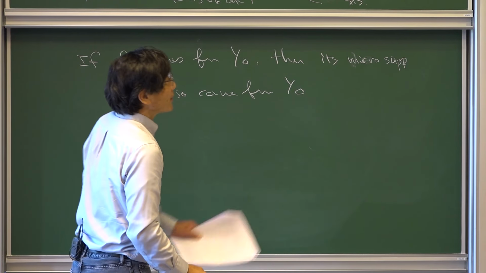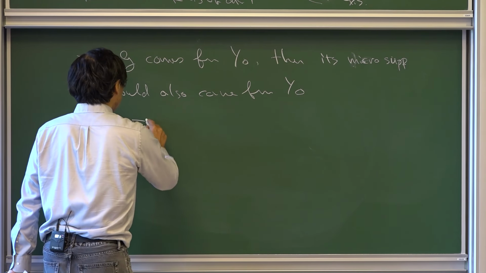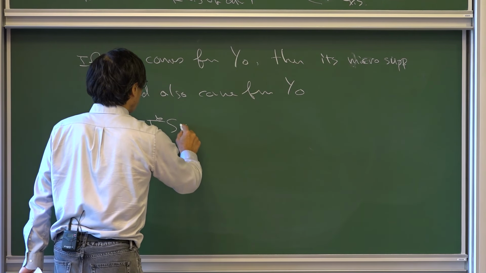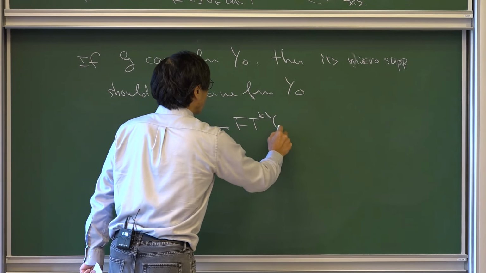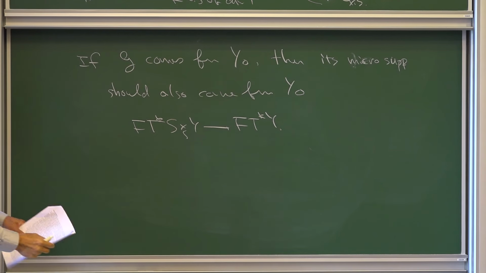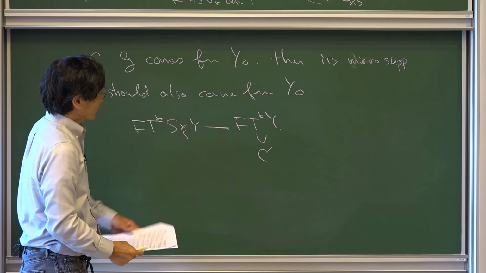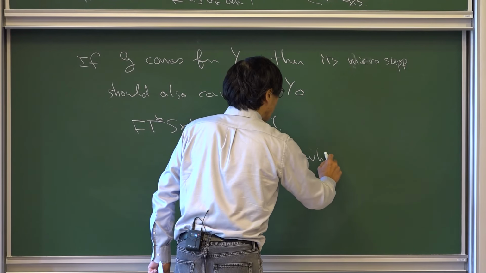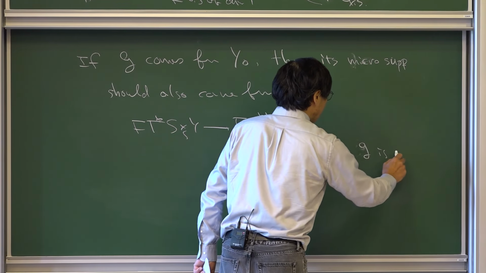So here our Y is smooth over S. So we have an injection like this, and we consider a closed conical subset on which G is micro-supported.